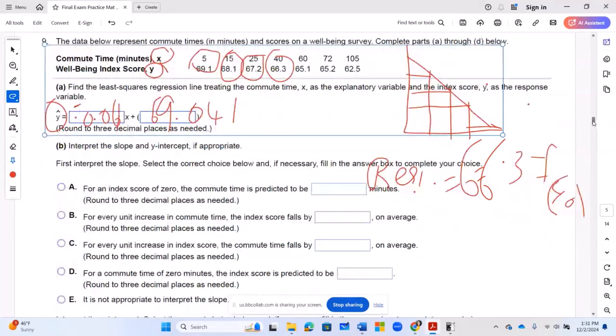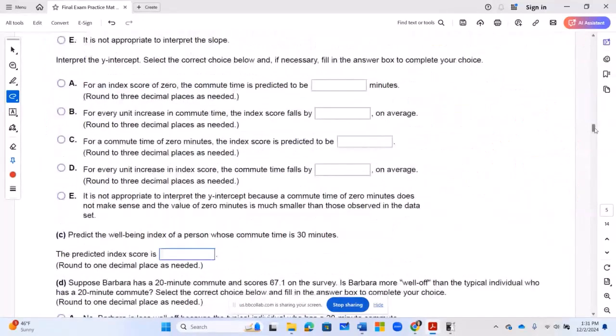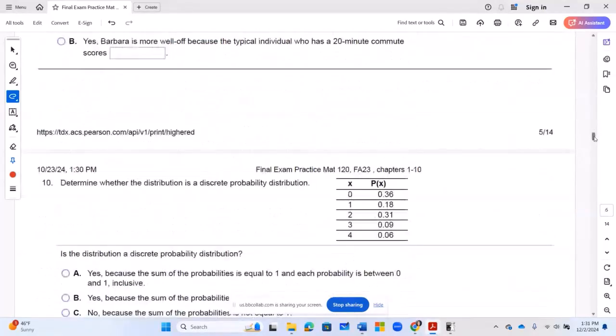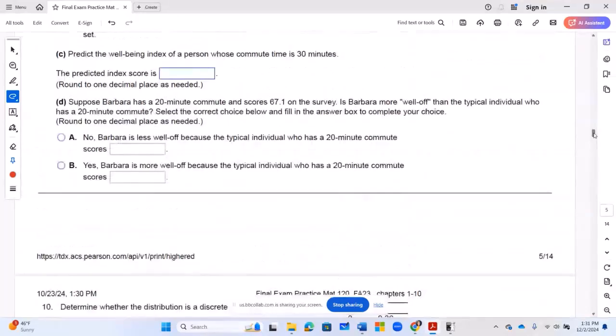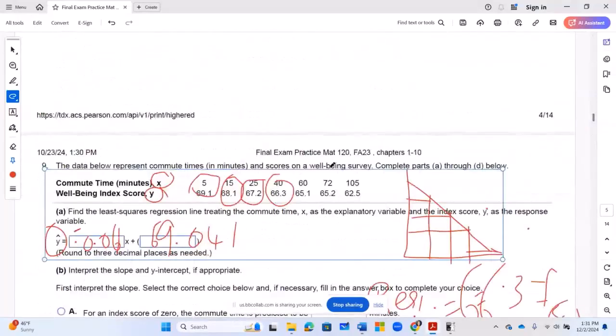But let me see. They will ask you to find the residual. They might ask you to find one residual, or they actually ask you to find the sum of square residuals. The sum of square residuals is the residual for all of them. 1 plus this, plus this, plus this.